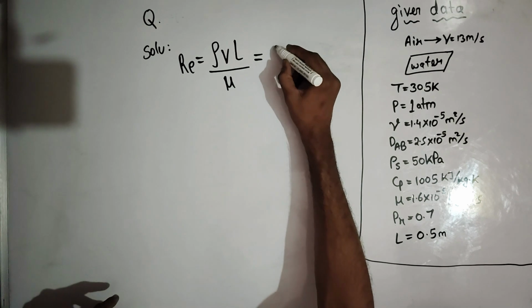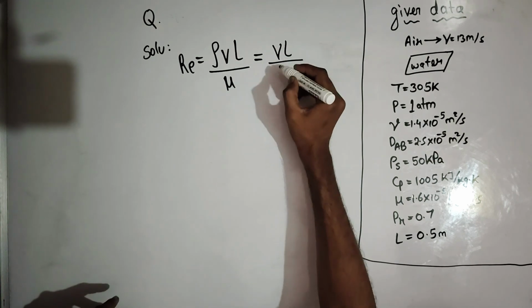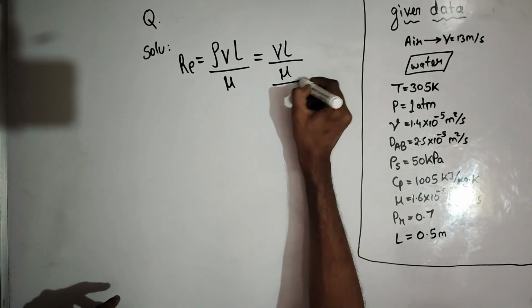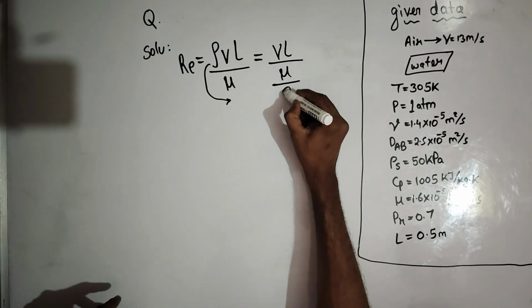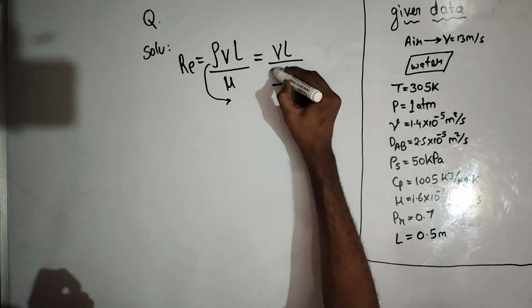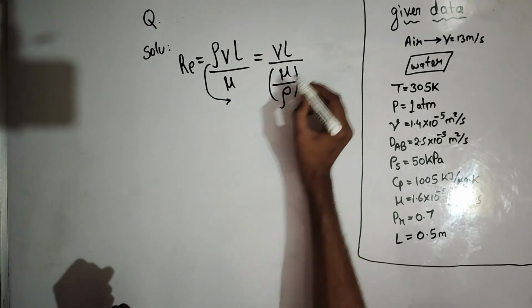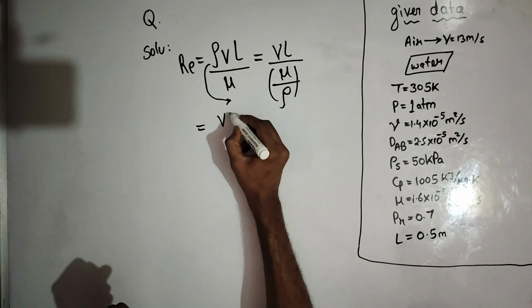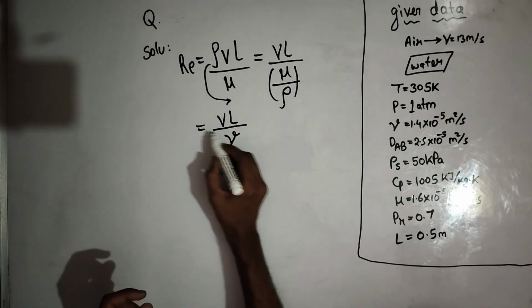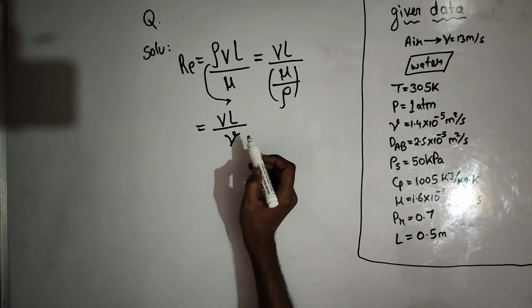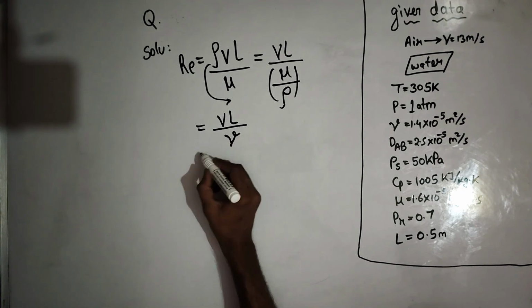So we have to rearrange this equation. We will take this density down and divide it by viscosity. This term can be replaced by kinematic viscosity. So Reynolds number is velocity into length upon kinematic viscosity.